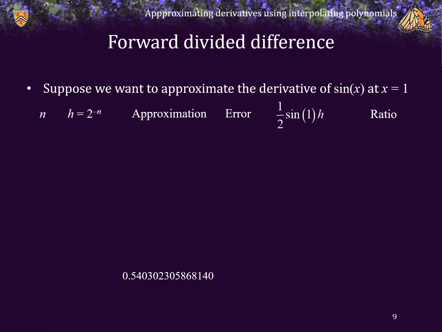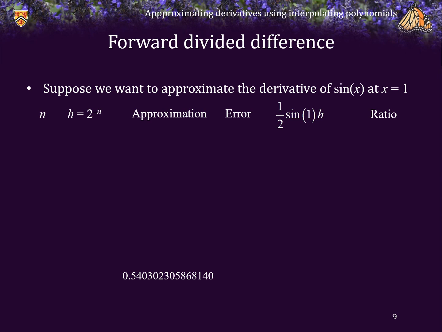All right, let's say we want to approximate the value of the derivative of sine of x at x equal to 1. We're going to have different values of n. N will then define h, where h will be 2 to the negative n. We will have our approximation using our formula of rise over run. We will then print out the error and see what the error is according to the definition.